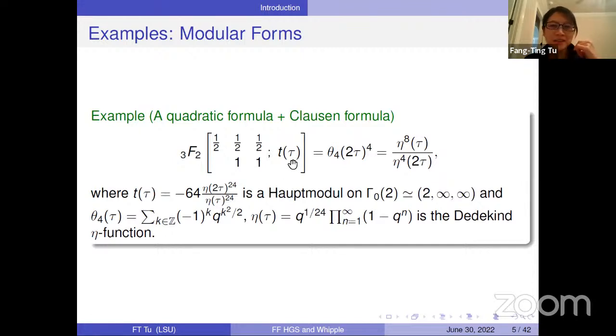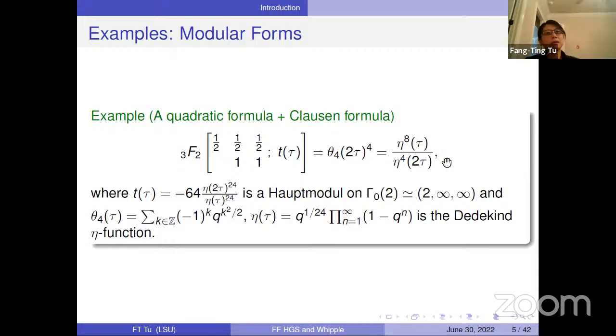Yeah, and if we let t be a modular function on Gamma_0(2), again a triangle group, it has one elliptic point of order 2 and 2 cusps. So this 3F2 function is a weight 2 modular form, and it's the fourth power of the Jacobi theta 4 function. And if you are more familiar with the Dedekind eta functions, this is its expression.